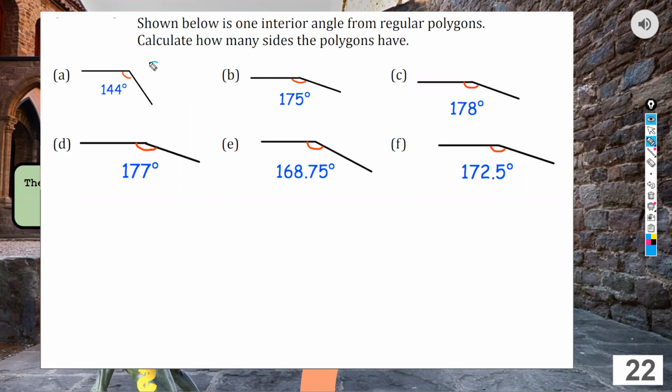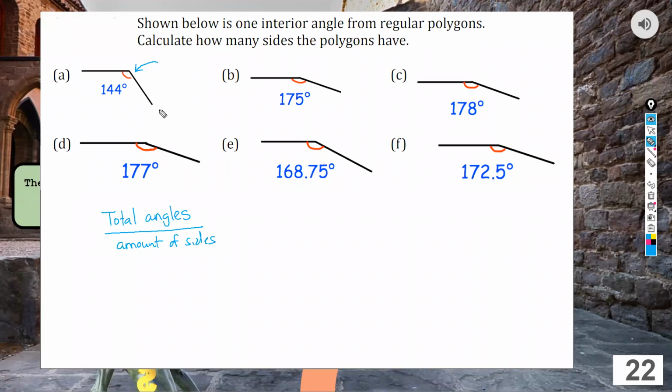If we wanted to find each individual angle, won't we have to find the total of all the angles inside the shape and then divide by what? The amount of sides? Do we all agree with that?